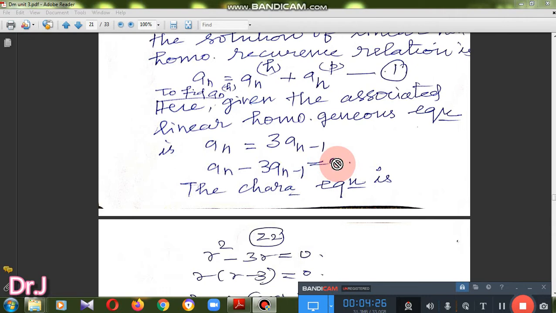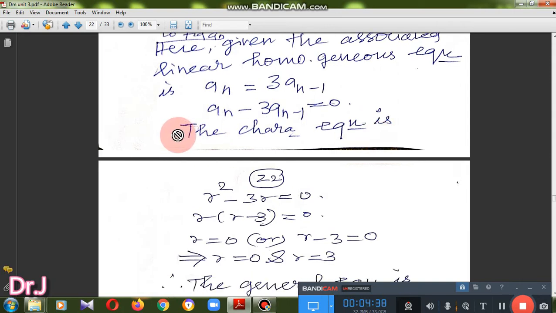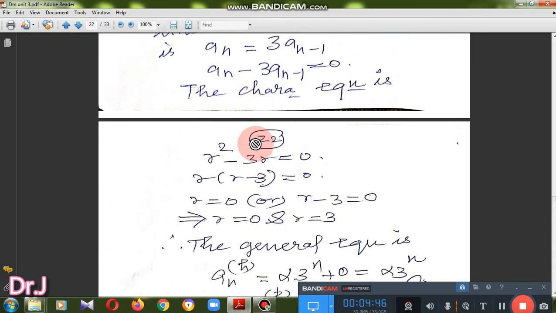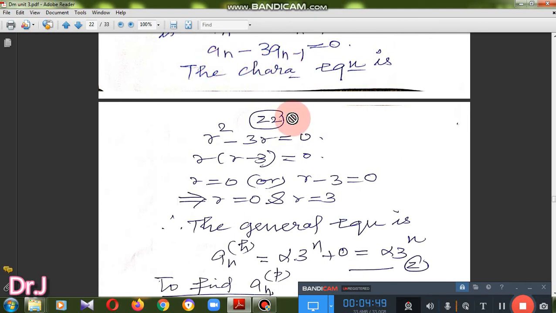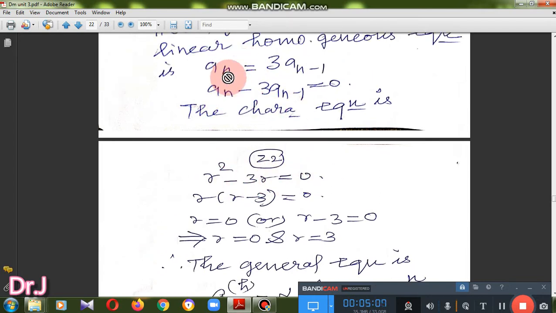So what is the characteristic equation of this homogeneous recurrence relation? You get r squared minus 3r, but there is no constant term. So r squared minus 3r equals 0 is the characteristic equation.